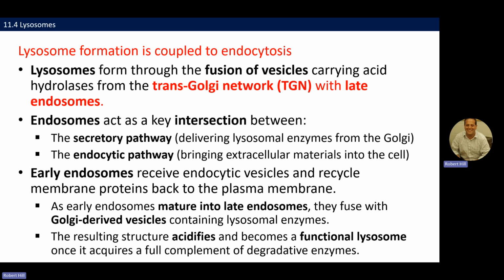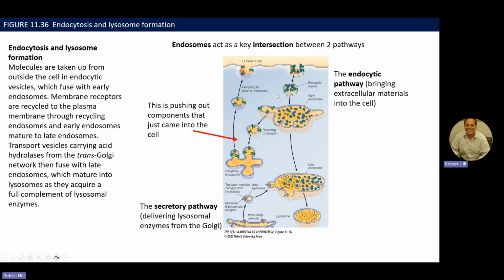Secretory pathway is delivering lysosomal enzymes from the Golgi. The endocytic pathway is bringing materials from outside the cell into the cell. All right, so early endosomes get these endocytic vesicles and they recycle membrane proteins back to the plasma membrane.